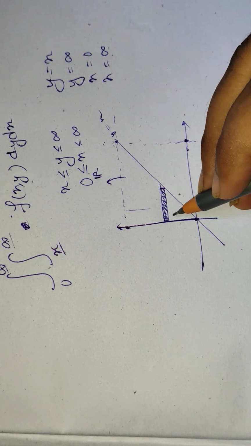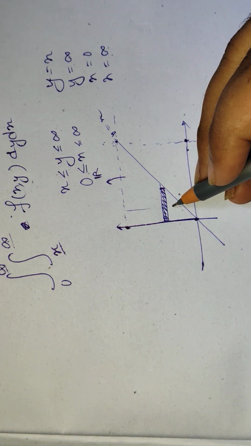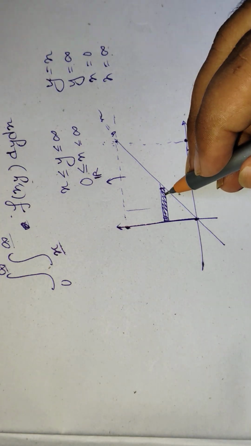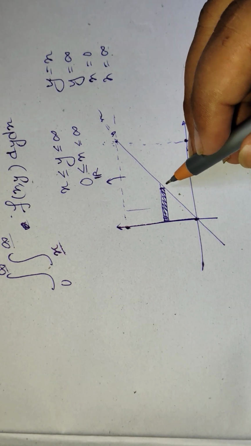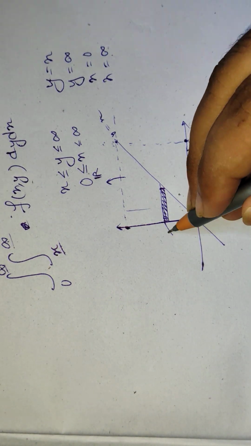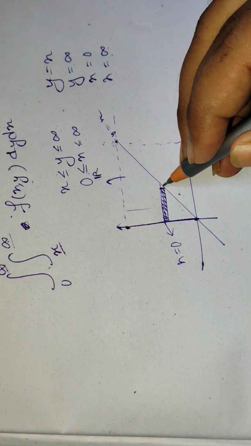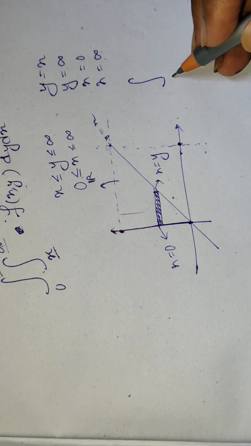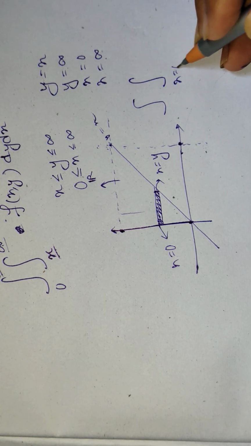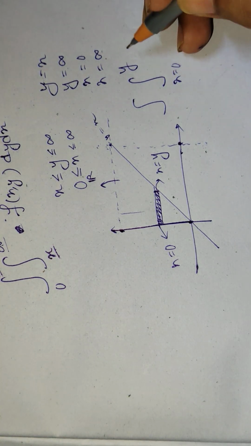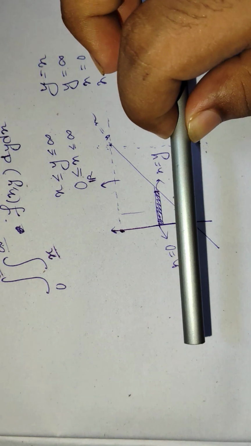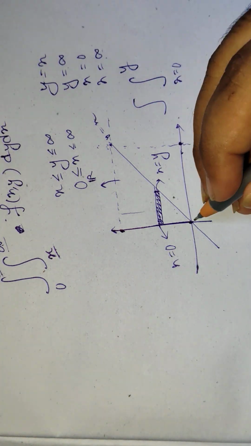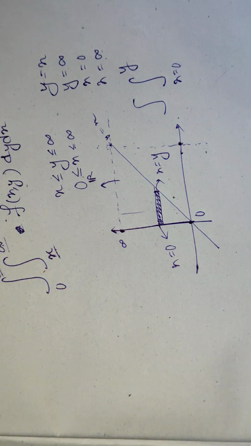If we change the vertical strip into a horizontal strip, then the first variable will become x. So what will be the lower limit of x? x equals 0, and this is x equals y. So the limits of x are 0 to y, and the strip is moving from bottom to up, that means 0 to, let's say, infinity.